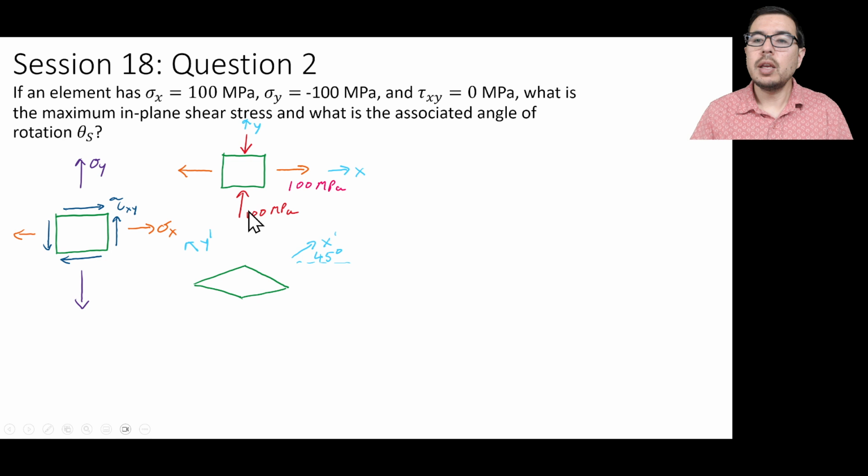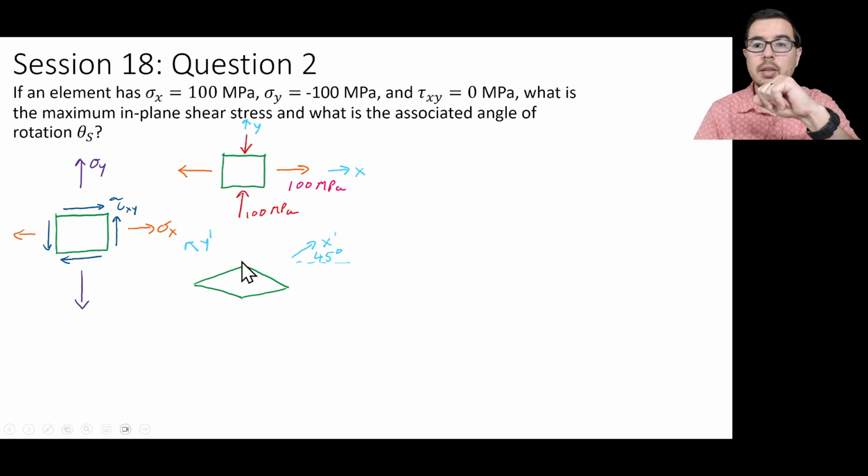Nonetheless, let's think about how an element that's under compression in the vertical direction, in the y direction, and extension or tension in the horizontal x direction would behave. So you could take this element and then impose these arrows on it. And what would you see?